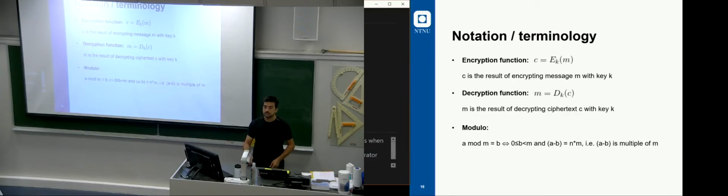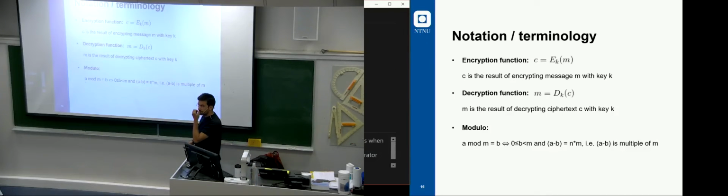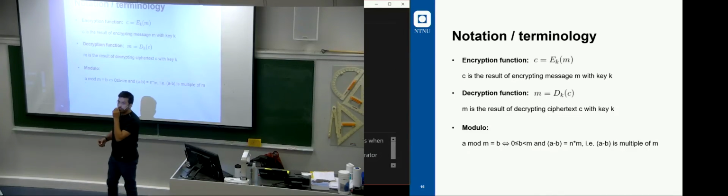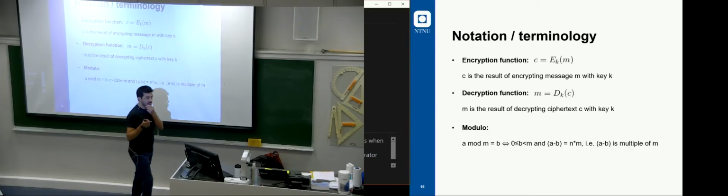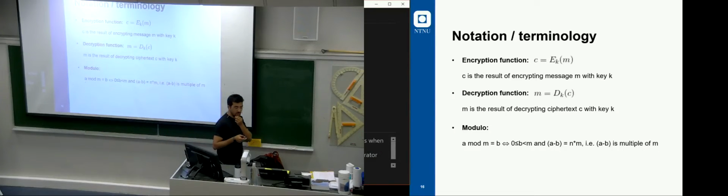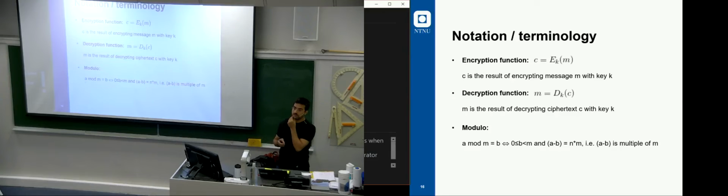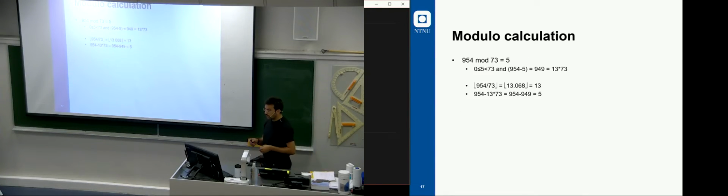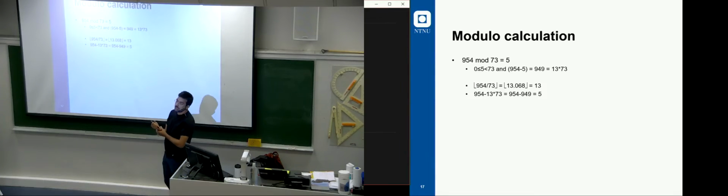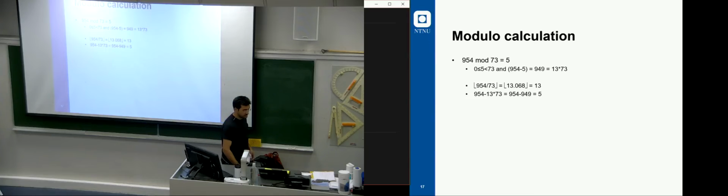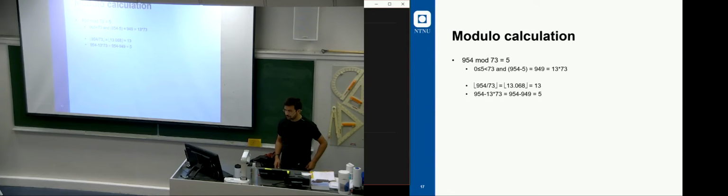Yeah? Okay, what's that? It's 2. If you continuously subtract this 3 from the 17, you will end up with 2, which you cannot subtract with 3. Yeah? Some more things about modulo, how to calculate that modulo, and you will see in future slides, this modulo is important in a few of the ciphers.